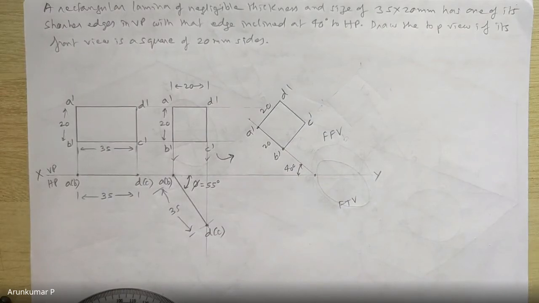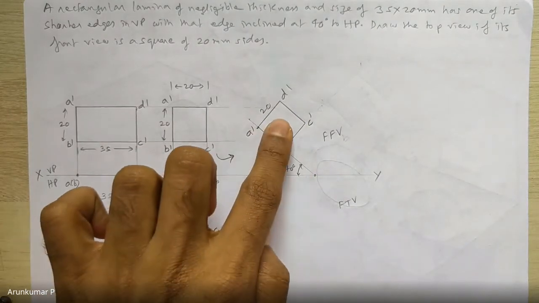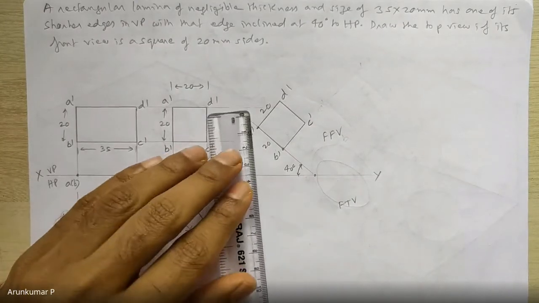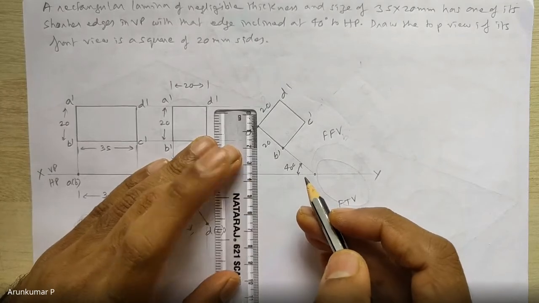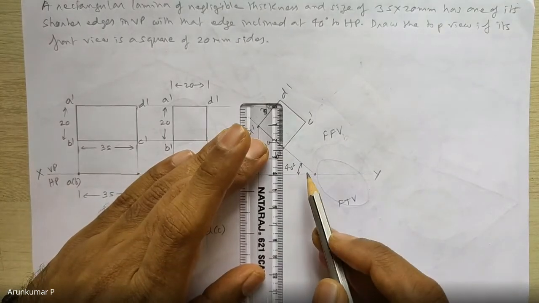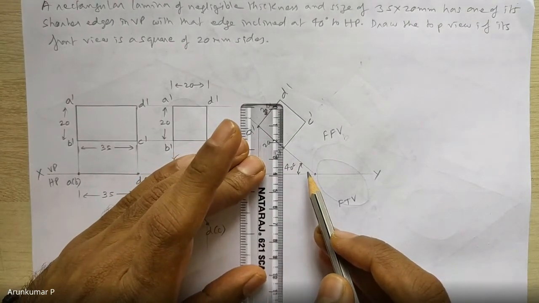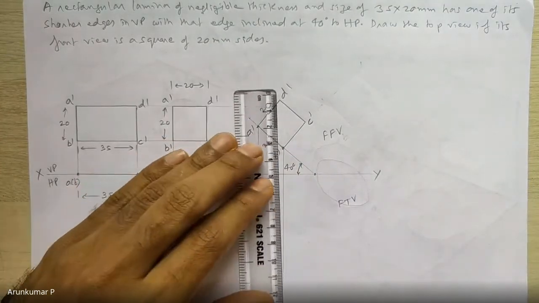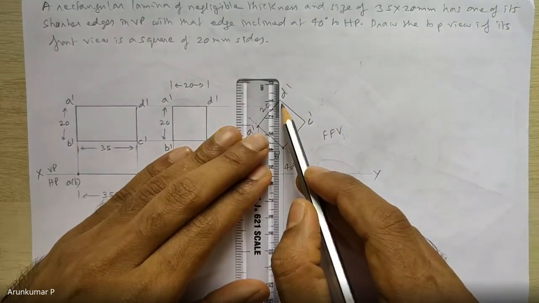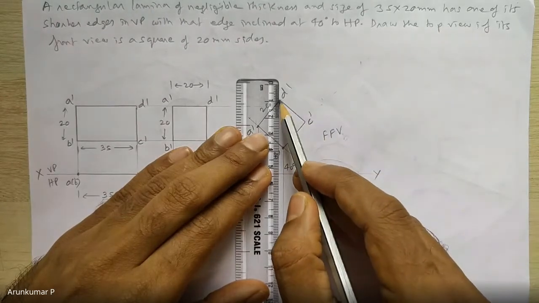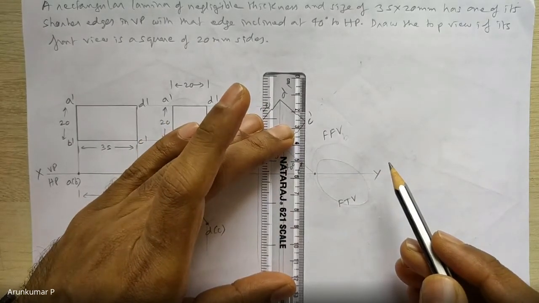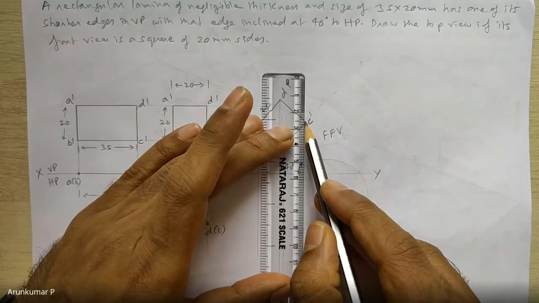Okay. Now 4 vertical projectors from the third step front view and 2 horizontal projectors from the second step top view. You can draw that. So 1, 2, 3, 4.